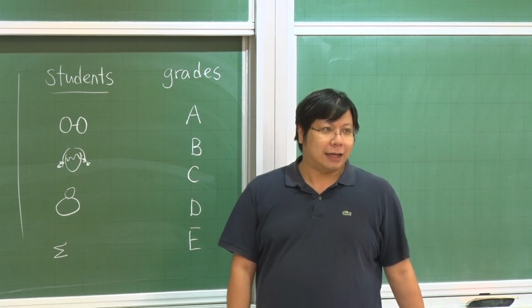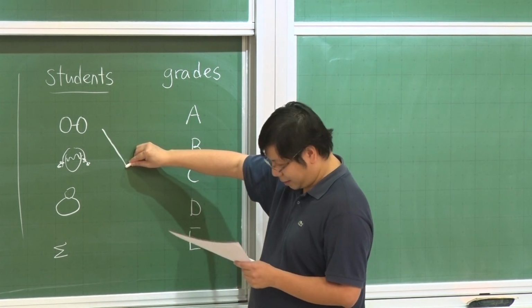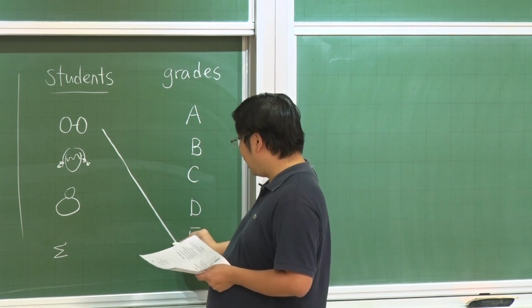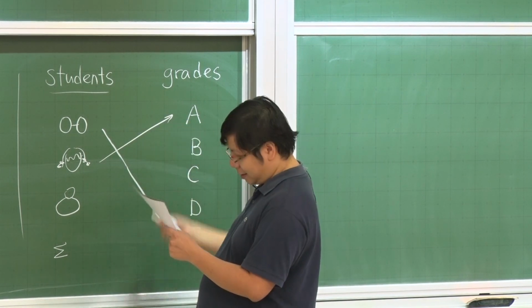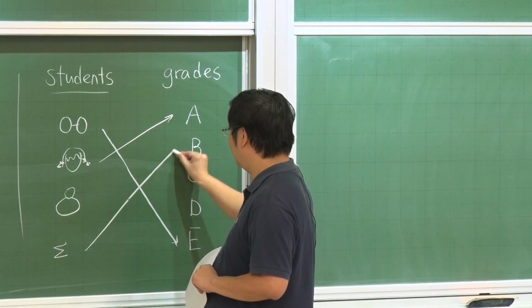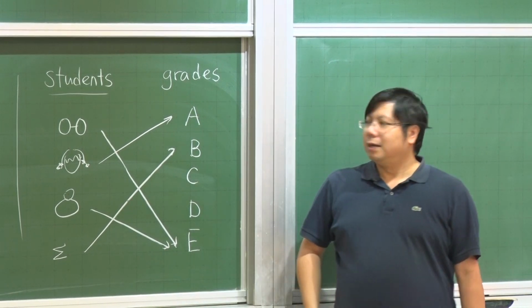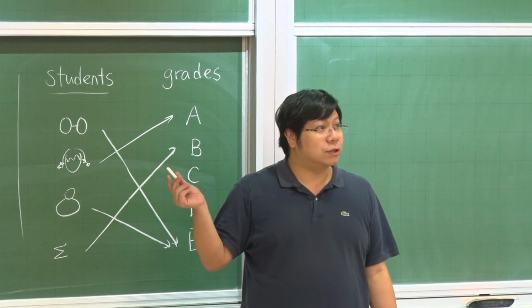As a result of this exam, let's say Nobita gets E, and Shizuka gets A. Suneo gets B, and Jian also gets E. Then this is an example of a function.